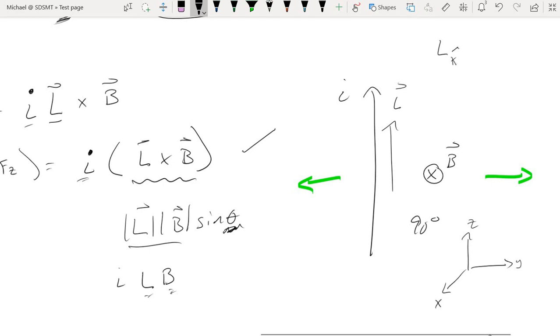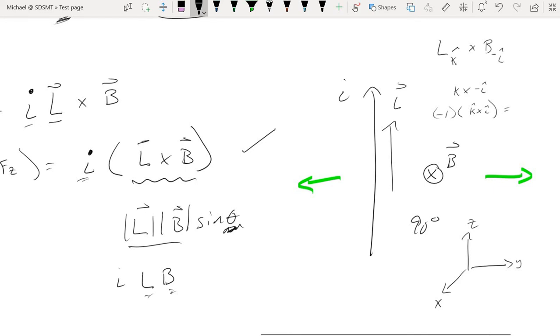B is going into the page, so that is technically the negative i hat direction. We have k hat cross negative i hat. Factor the negative 1 out if you want. k hat cross i hat. What do we get?